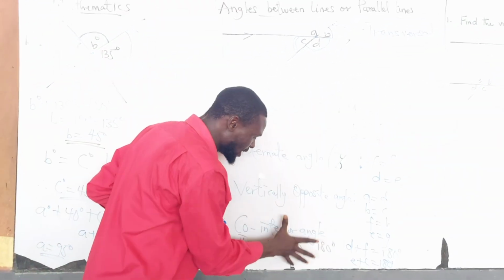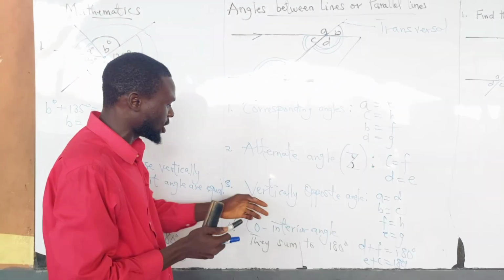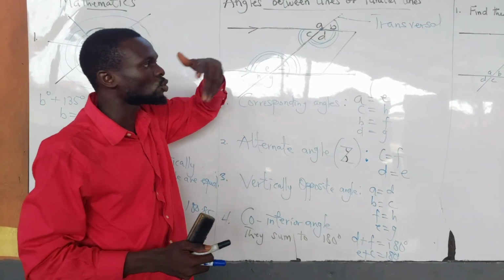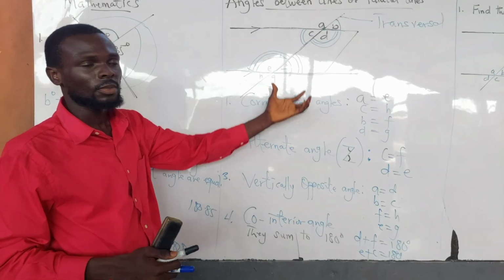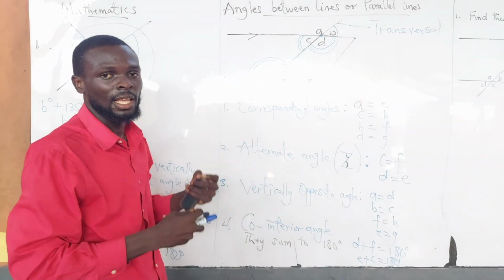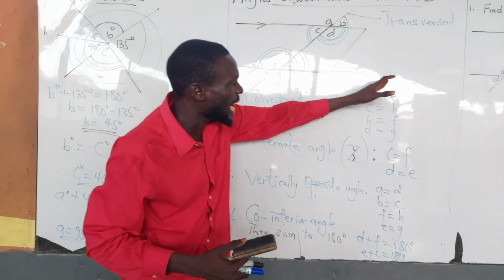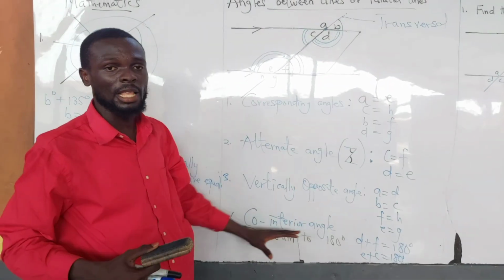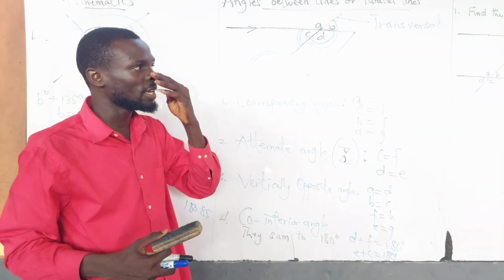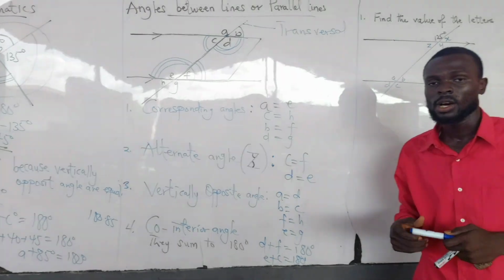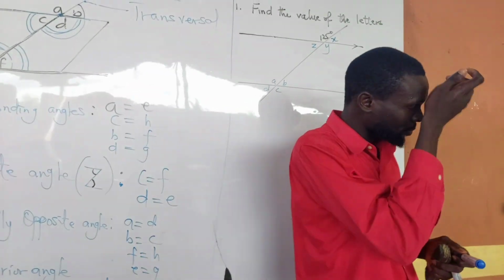So even without the co-interior, we can use these three to solve any question given when it comes to the angles between lines. Let's take one example for this one and apply all the types that we've talked about and see if we can get any answer for such.